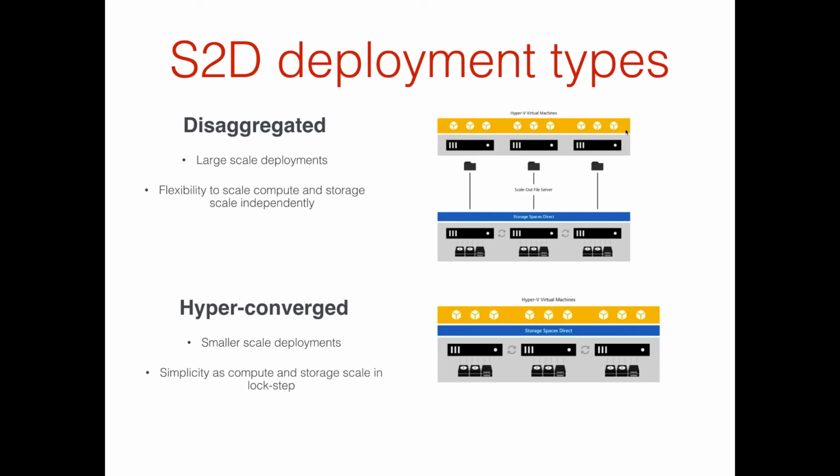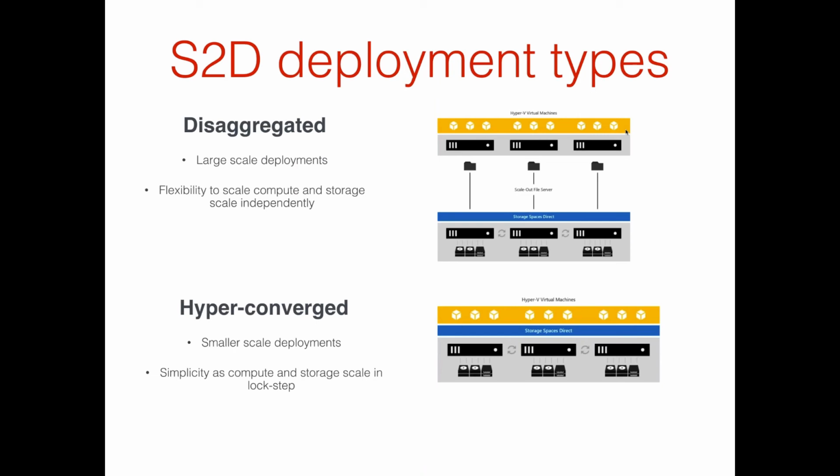So in Windows Server 2012, we had Storage Spaces. This was Microsoft's first entrance into software-defined storage. And you had separate file servers and separate disk trays, which worked well for larger environments, but weren't particularly applicable to smaller environments. So in Windows Server 2016, we now get Storage Spaces Direct, which can be deployed in two flavors.